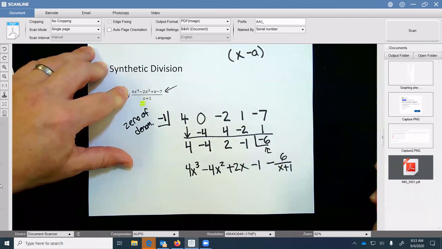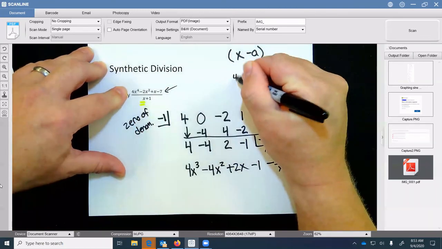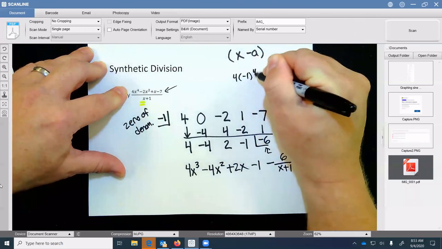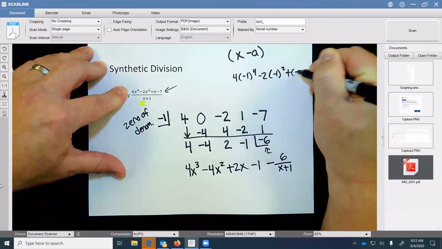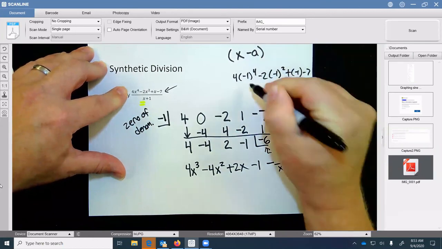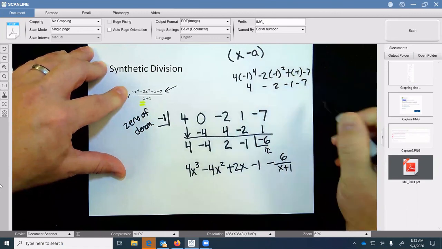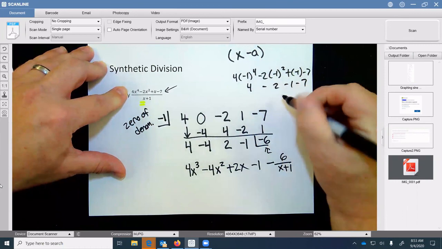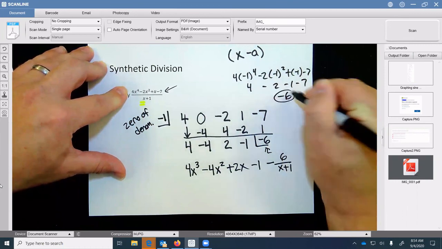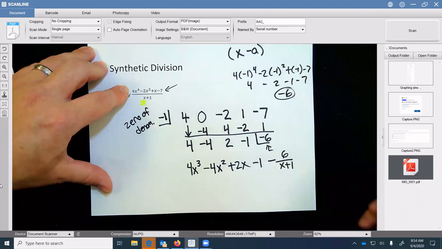I'm going to get -6. So if I plug in -1, I get 4 times -1 to the 4th minus 2 times -1 squared plus -1 minus 7. 4 minus 2 minus 1 minus 7. That's 2, 1, -6. So synthetic division also allows me to plug numbers in super fast.